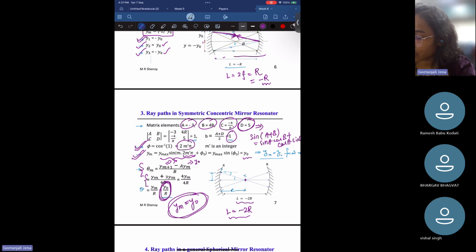Inside a concentric mirror resonator, we have seen the allowed ray path is where ym is y0, and theta m is y0 by r.